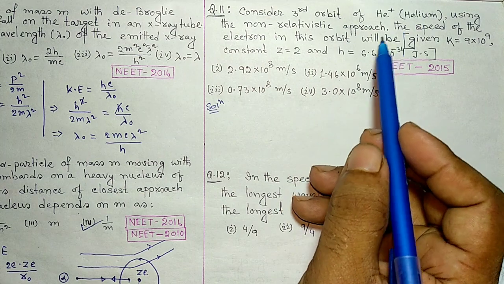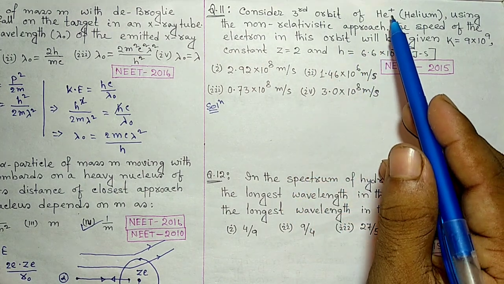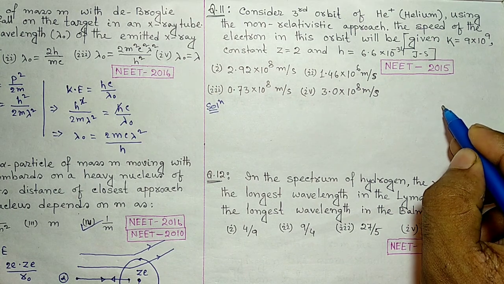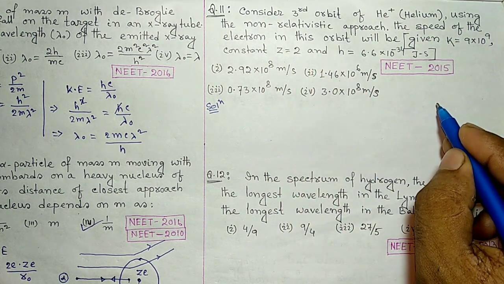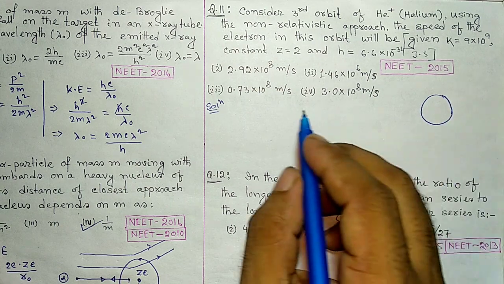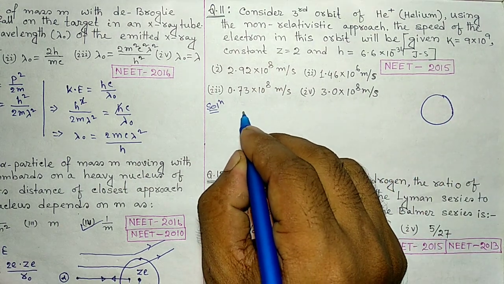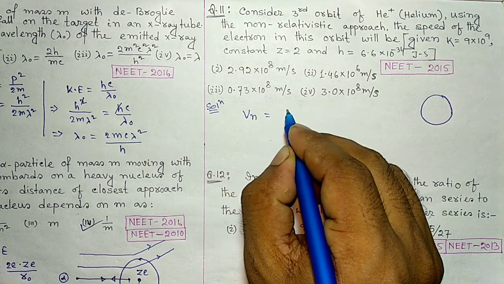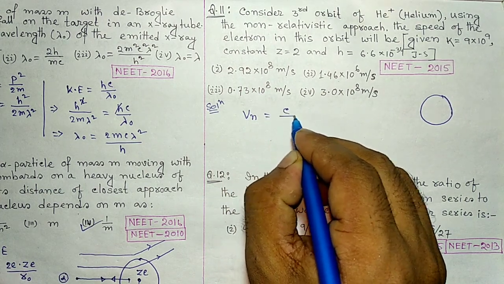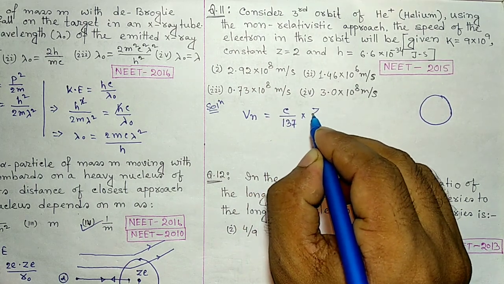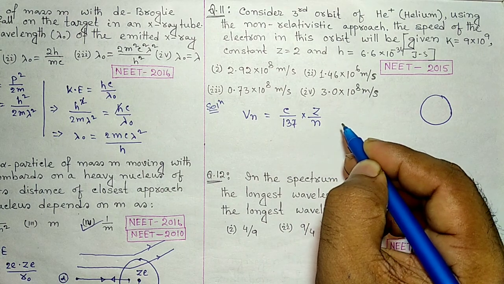Consider the third orbit of helium. The helium plus ion is a hydrogen-like atom. For speed, the formula is Vn equals c by 137 into z by n.